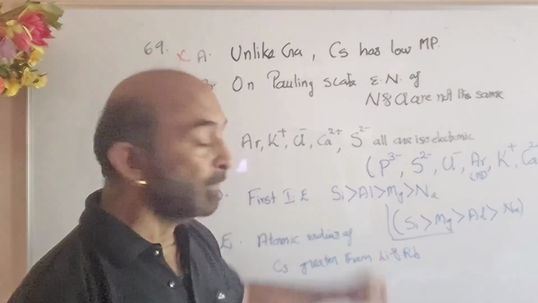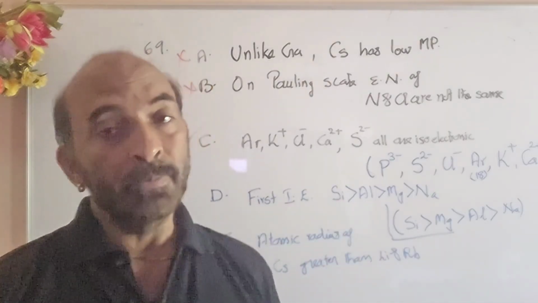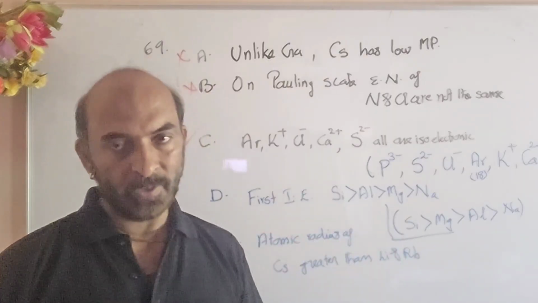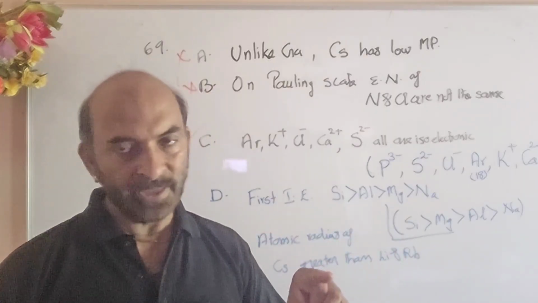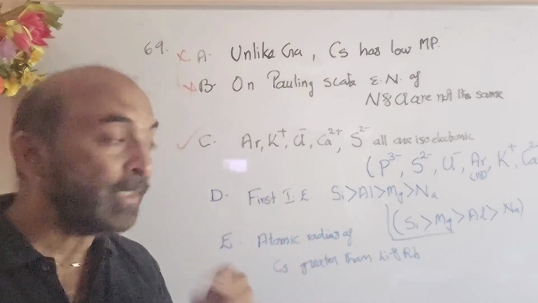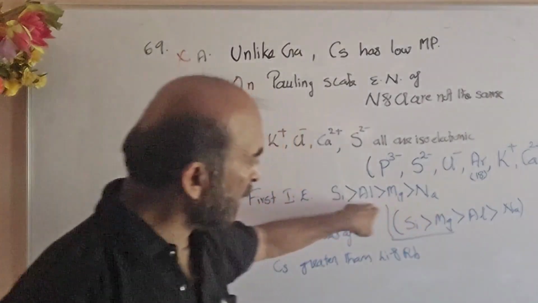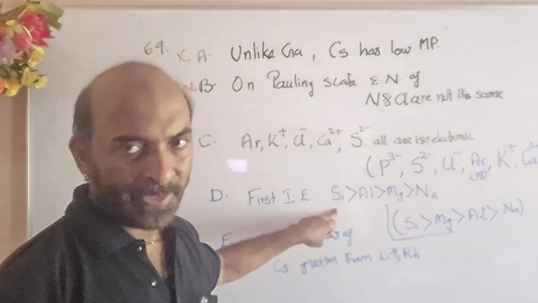Whereas in the case of aluminum, it is an unpaired electron from the p orbital that is removed, isn't it? So it will be comparatively easier. For this reason, this regular order is not observed in the ionization energy.